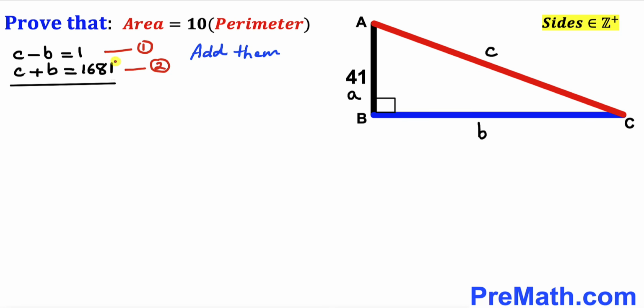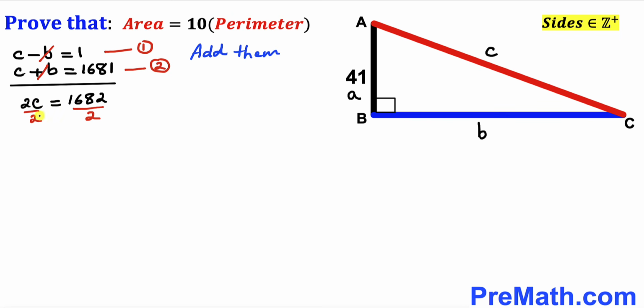Now we are going to add these two equations. We can see positive b and negative b are gone. So we end up with 2 times c equals 1682. Now I'm going to divide both sides by 2 to isolate c.